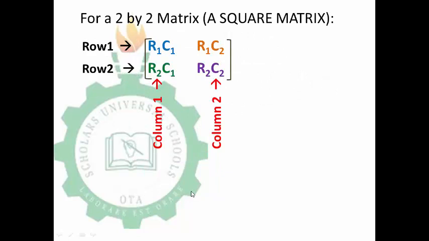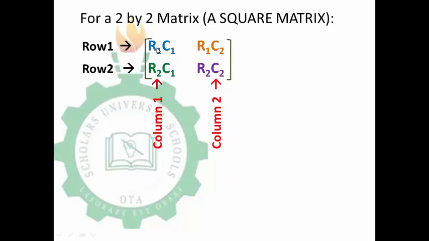Now, we can take a look at the general representation of a matrix. This is a simple 2 by 2 matrix, which we'll be calling a square matrix later. You have the row this way. Here we have R1, C1 and R2, C2 as the row and column numbers.